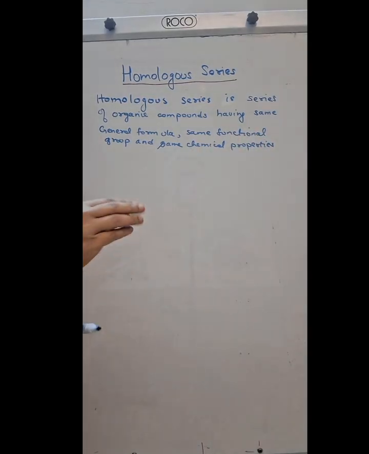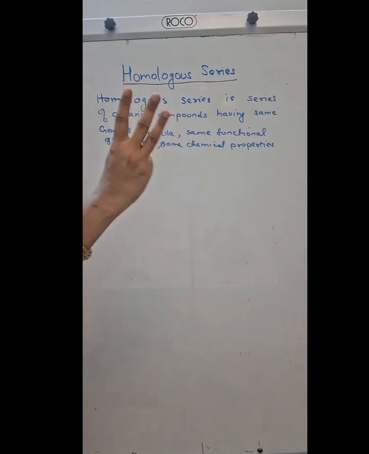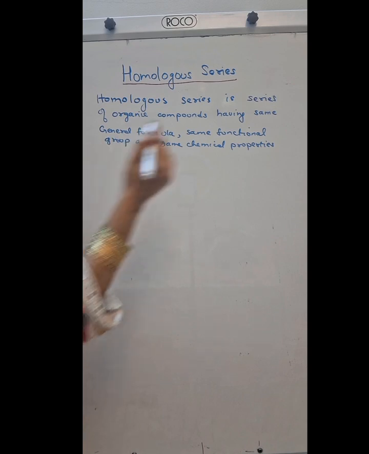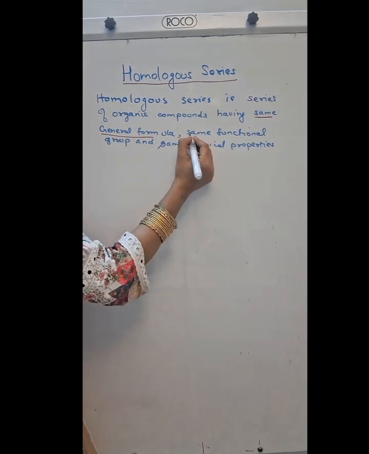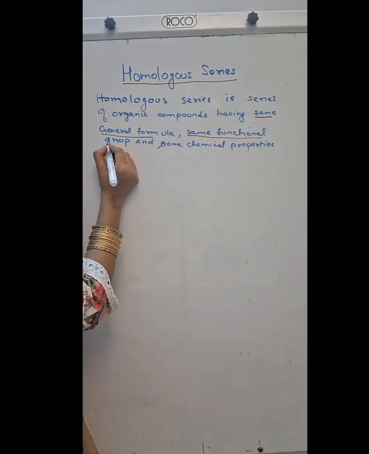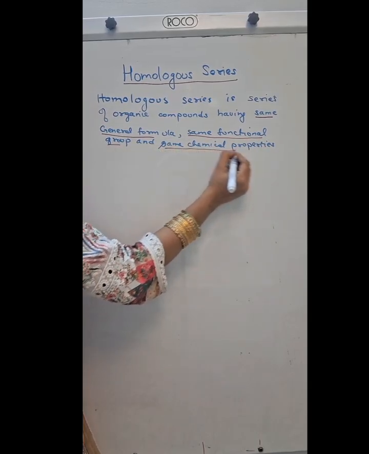Okay, so how to learn homologous series? As I said, mostly every year they ask questions from homologous series. We just need to learn three things: compounds having the same general formula, same functional group and same chemical properties.